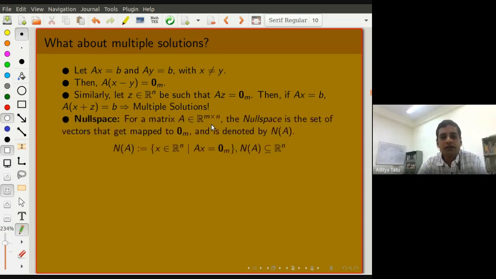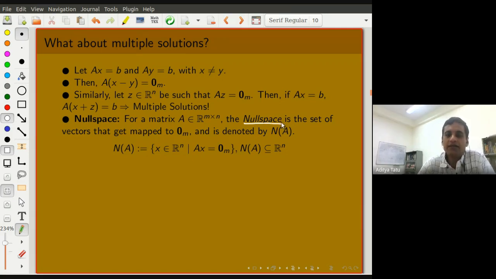So that is why this set of vectors such that Ax is equal to the 0 vector is very important. That set tells us whether for a particular system there would be multiple solutions or not. And that set is what is called the null space.